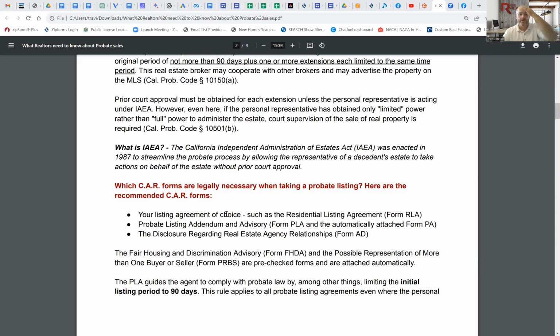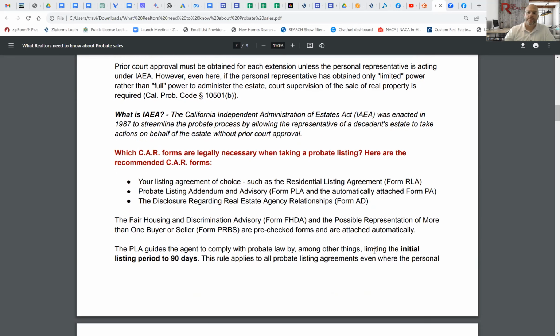It's not that long. It's just a little addendum that goes along with it. The disclosure regarding real estate agency relationships is also attached in the listing package. The Fair Housing and Discrimination Advisory, FHDA, and the PRBS are pre-checked, and those are also in that RLA package. The PLA guides the agent to comply with probate law by, among other things, limiting the initial listing period to 90 days.